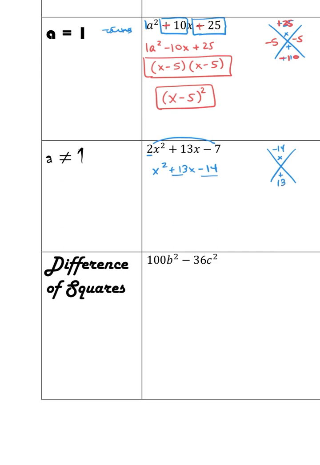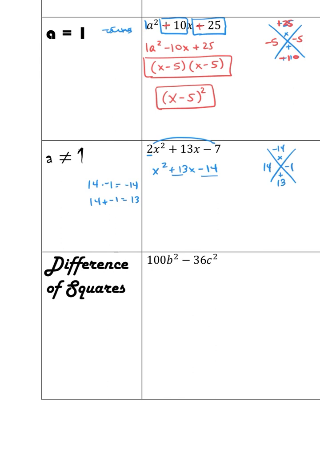So I'm thinking that would be 14 times 1. 14 times -1 would give me -14. And 14 plus -1 is going to give me 13. So there we go. So I'm going to have 14 and -1.